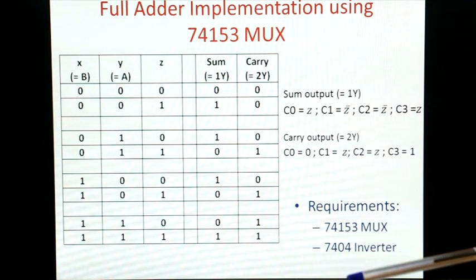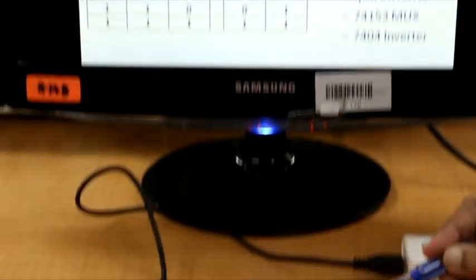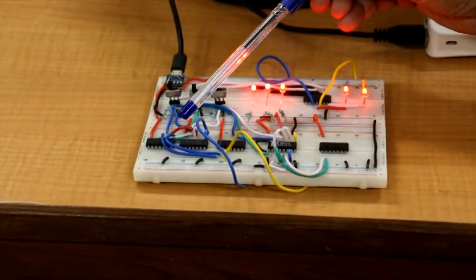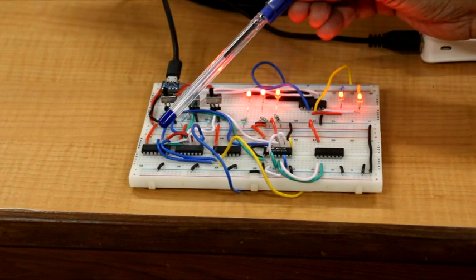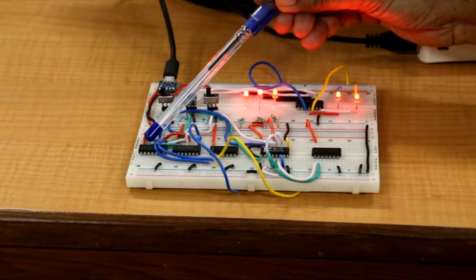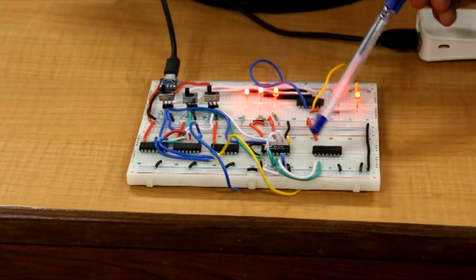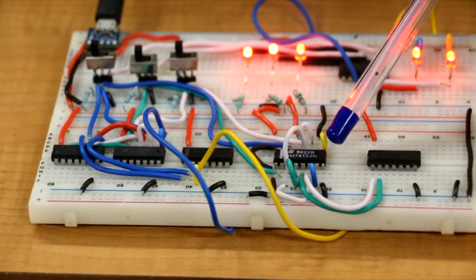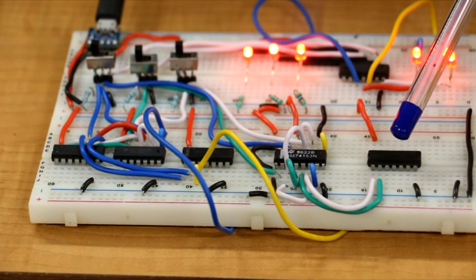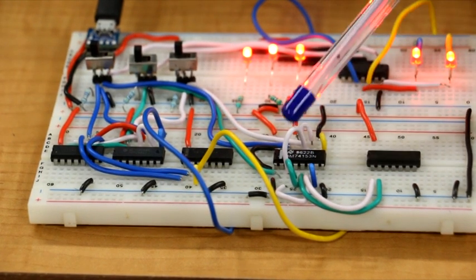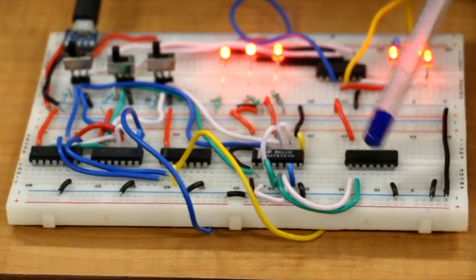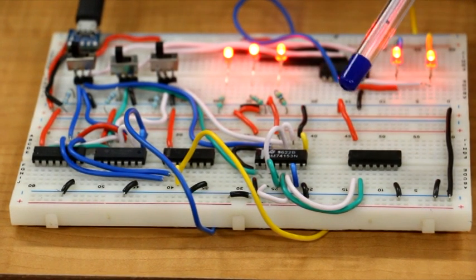From the wiring, you would see that the first three ICs are basically the implementation of the adder using standard gates. You can compare that with these two. So this is the 74153 multiplexer, and this is the NOT gate. You can see the amount of wiring is so much less, and it's also much more reliable and efficient.